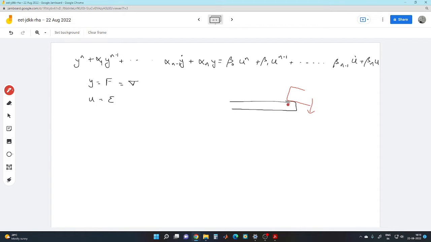Due to this object's movement downwards, there is a constant displacement or constant strain that is introduced in the system. So this beam comes to this new position, and this position is actually constant. So epsilon is the input variable in this case.